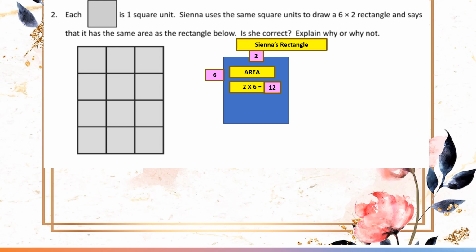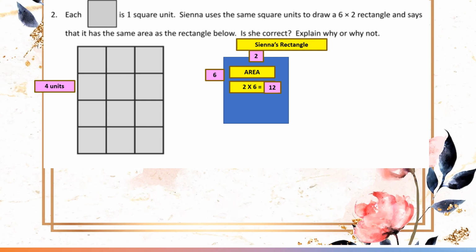So now we've drawn Sienna's rectangle and we've solved for the area. Now, it says that Sienna uses the same square units to draw a 6 by 2 rectangle and says that it's the same area as the rectangle below. So we've figured out the area for Sienna's rectangle. Now we need to figure out the area for the rectangle that's on the page already. So let's see. The length of this rectangle is 4 units. It's 4 units long.